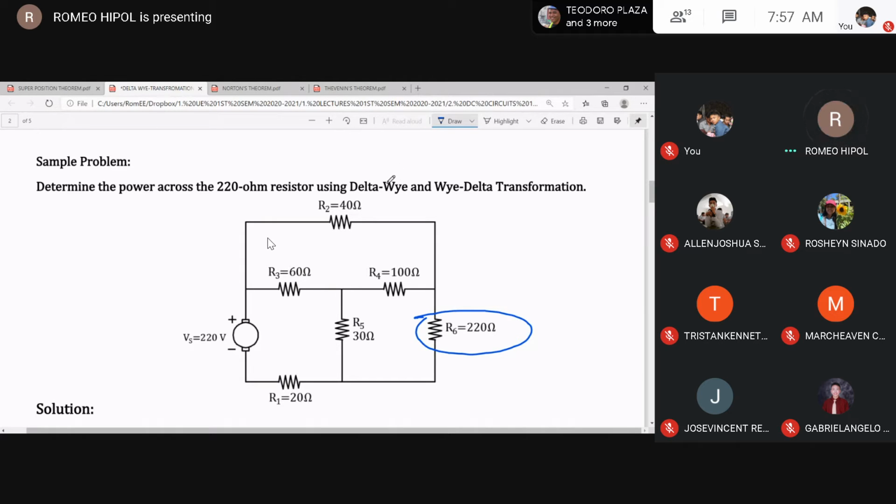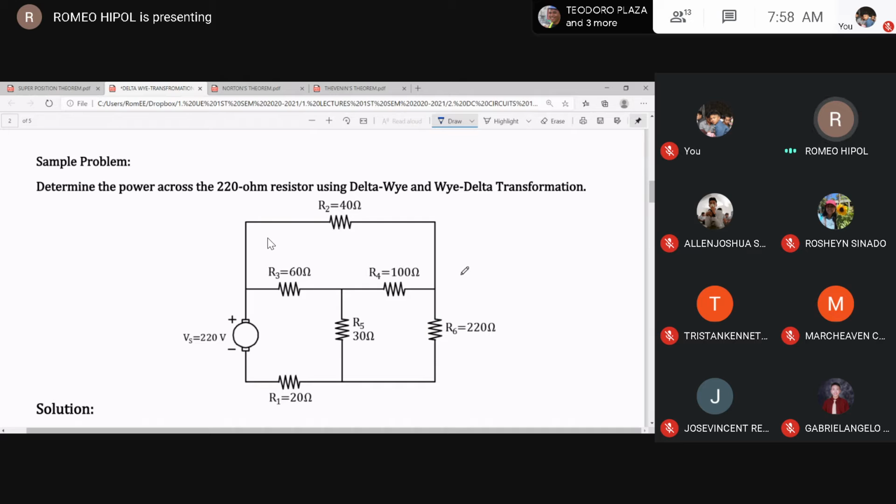Because initially, we apply simple series, parallel, or combination circuit analysis. We cannot simplify this given circuit, or we cannot solve for the power across resistor R6, because from the first place, we cannot compute the equivalent total resistance of the given circuit.